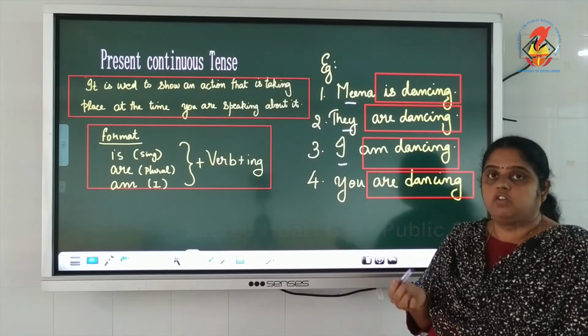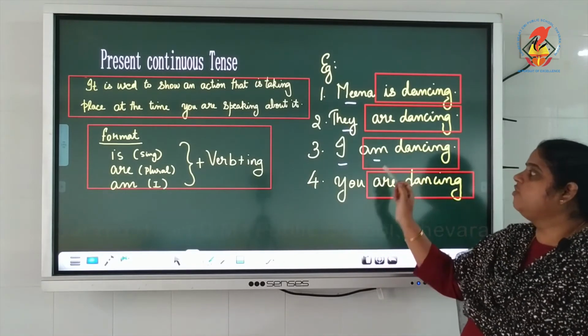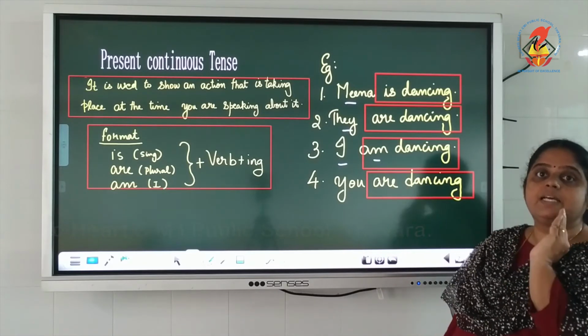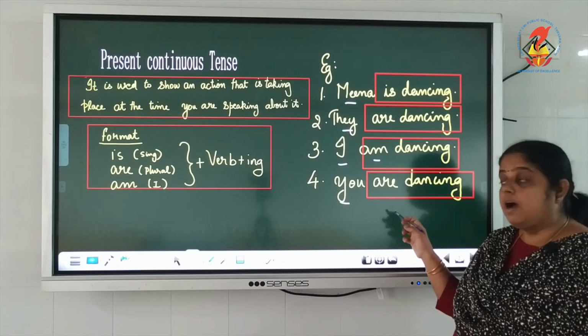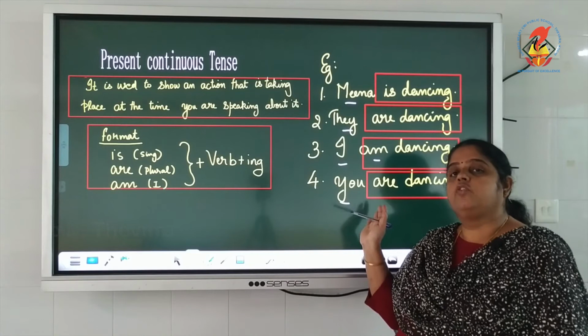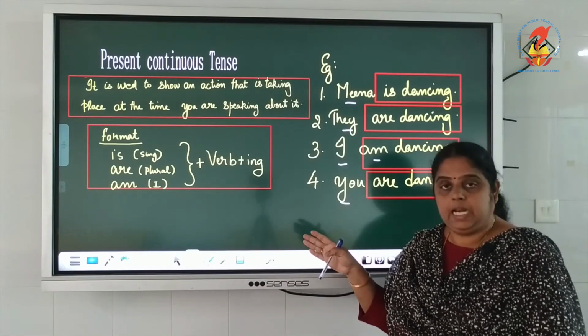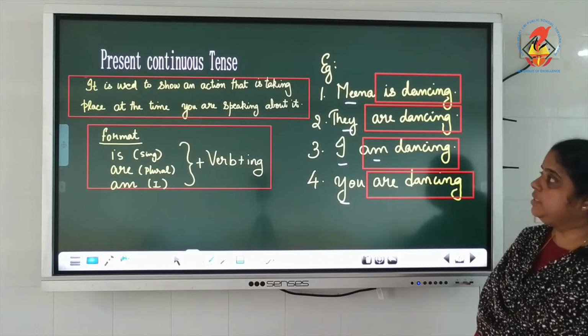I, special word, I am special, isn't it? So, we use the special word am plus dance plus ing. You are, because in you also we use the rule of plural. Okay, you are dancing.